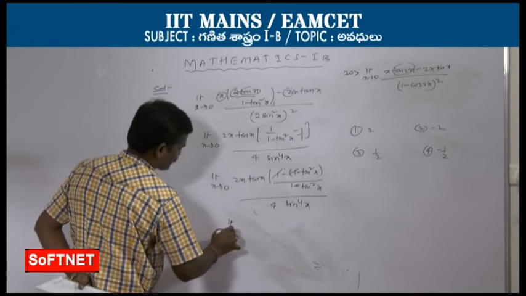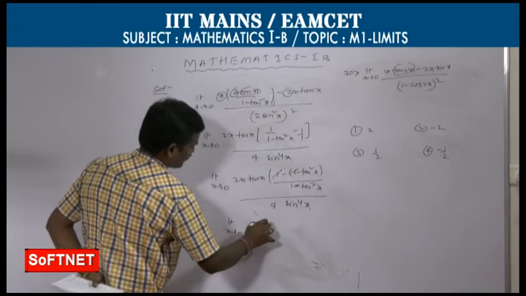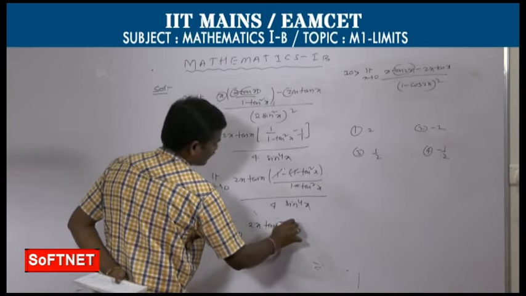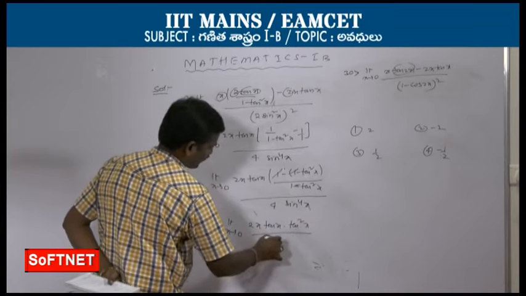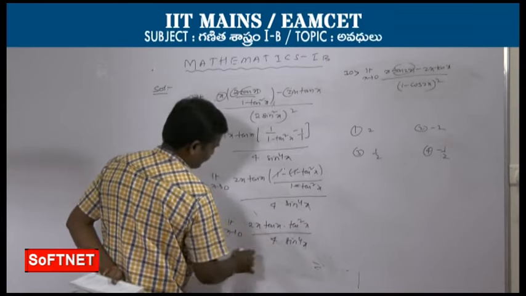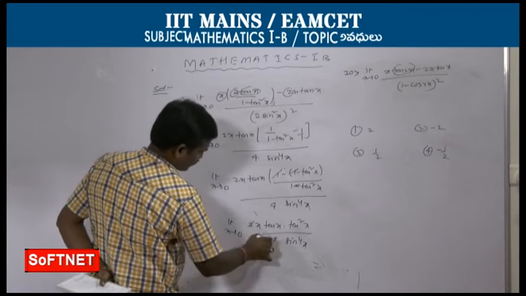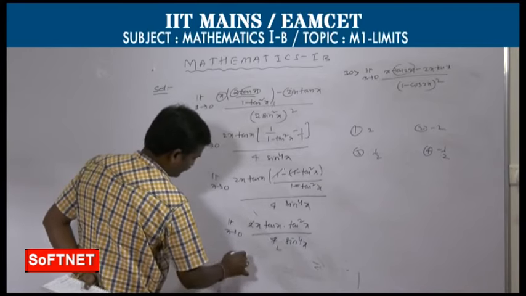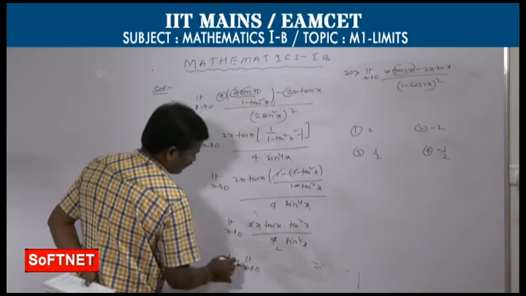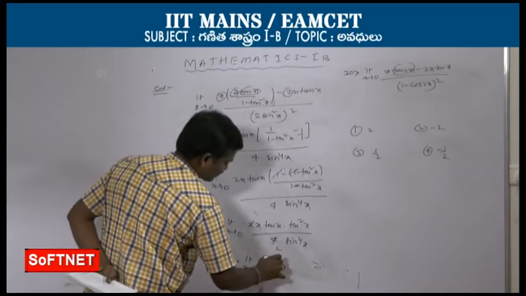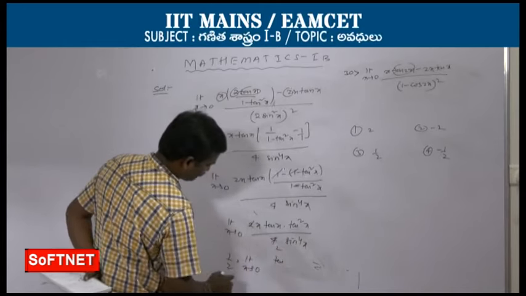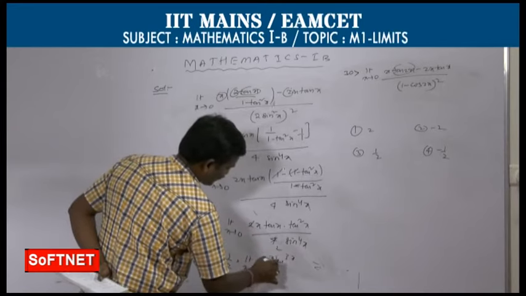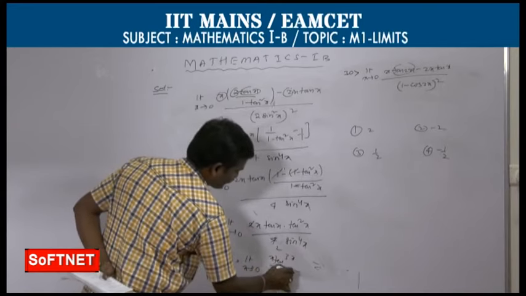So limit x tends to 0, 2x tan x into tan square x by 4 into sin power 4x. Here 2 cancels, 1 by 2 outside, limit x tends to 0, tan x into tan x, tan cube x, tan cube x into x by sin power 4x.